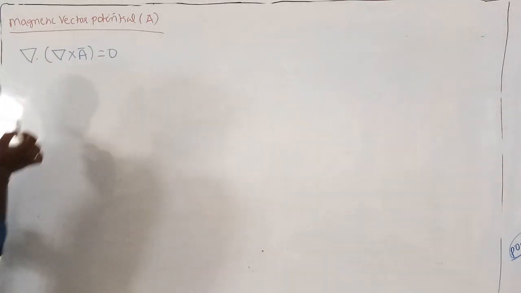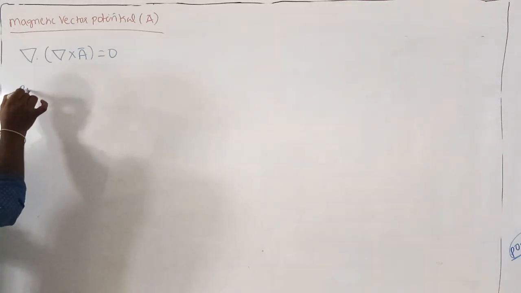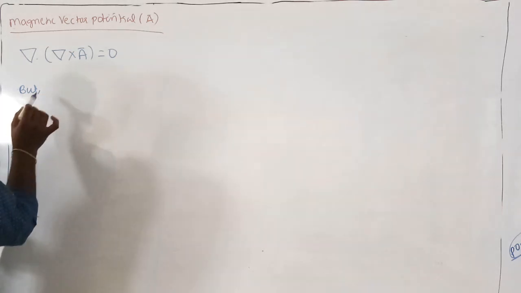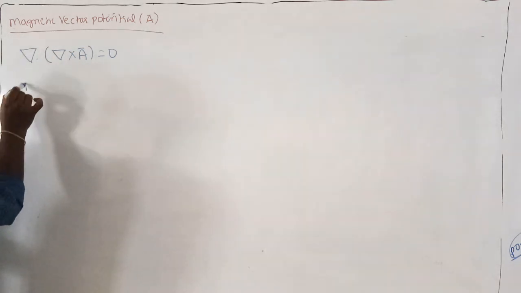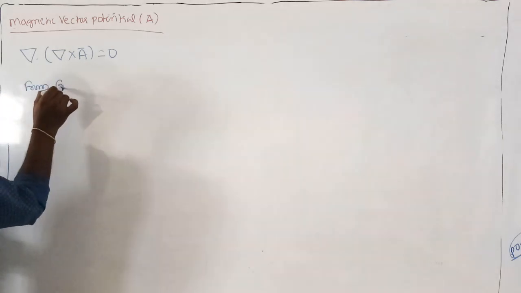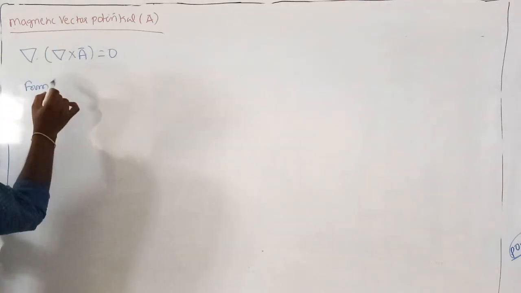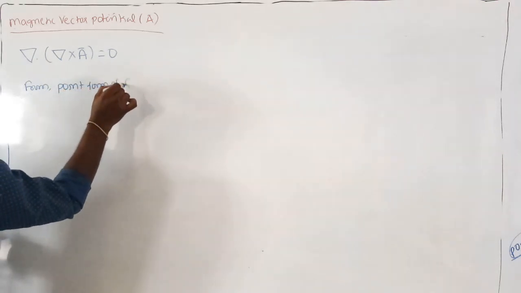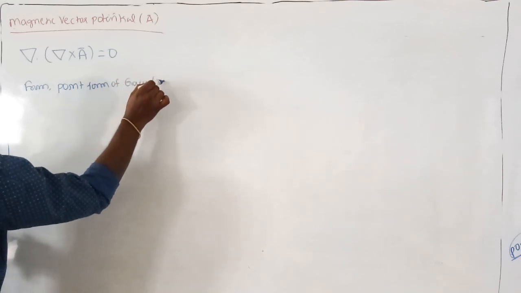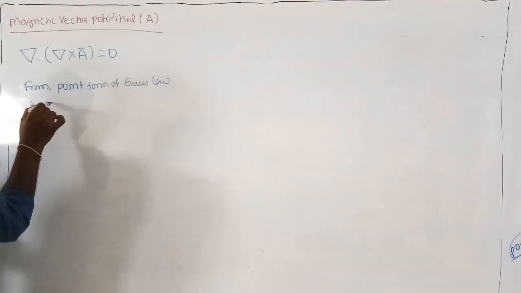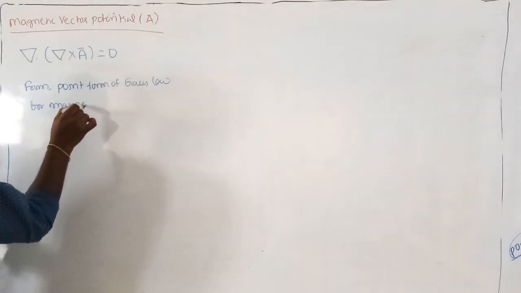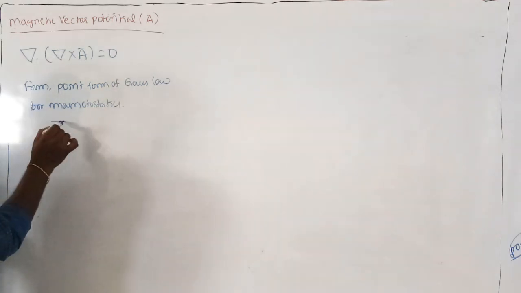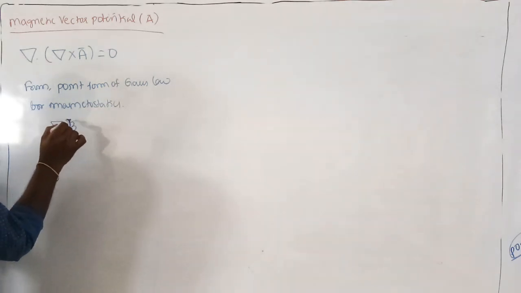Now, from Maxwell's second equation, the point form of Gauss law for magnetostatics, del dot B bar is equal to 0.